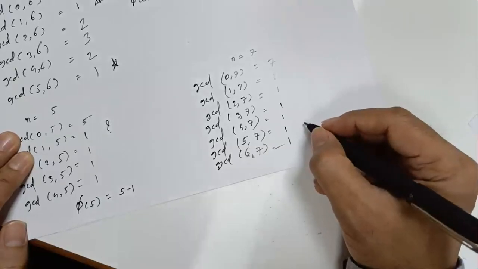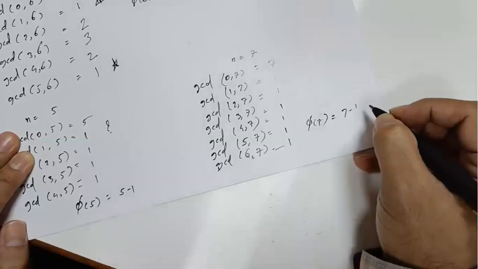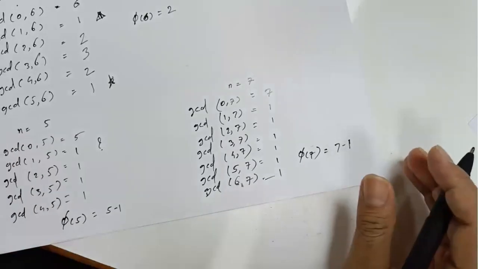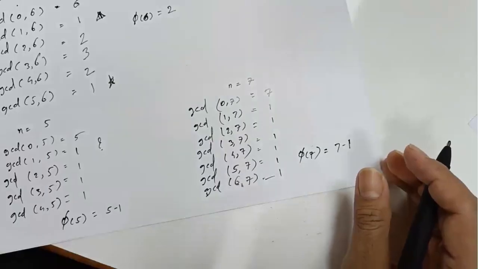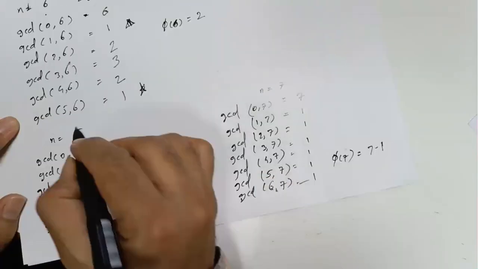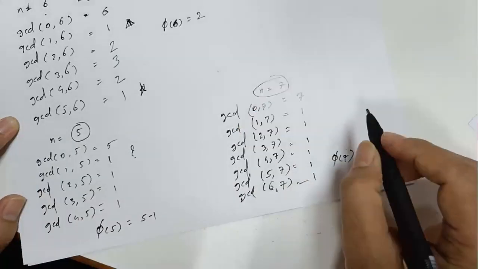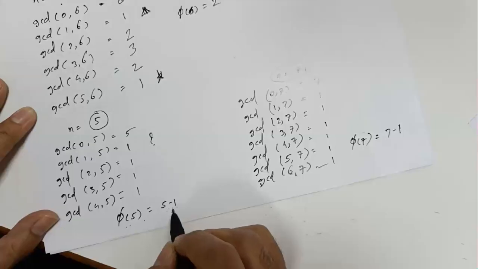Here also we are getting 6. So phi of 7 is equal to 7 minus 1. So this is a very important concept again, that when you consider the prime numbers, the co-prime numbers are n minus 1.